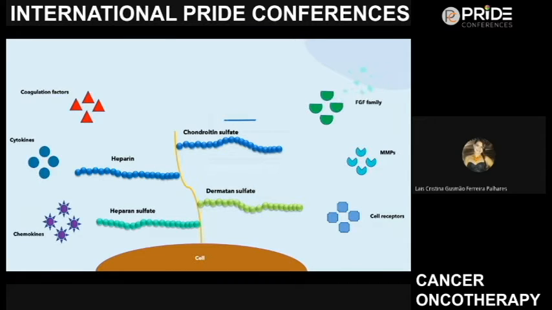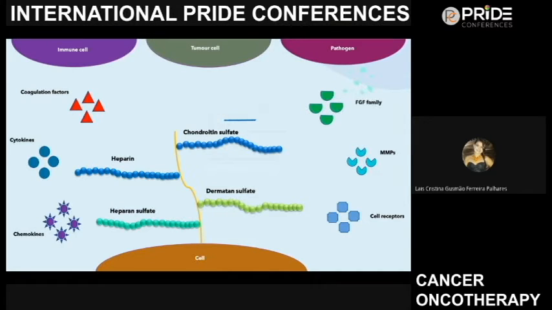Different GAGs are also known to bind to cytokines, chemokines, growth factors like FGF and different proteins of this family, metalloproteinases, and a variety of different cell receptors. And this is interesting because this is just a few of the proteins that GAGs can actually bind and interact with. And I'm not just talking here about cell to cell interaction, but cell to matrix as well.